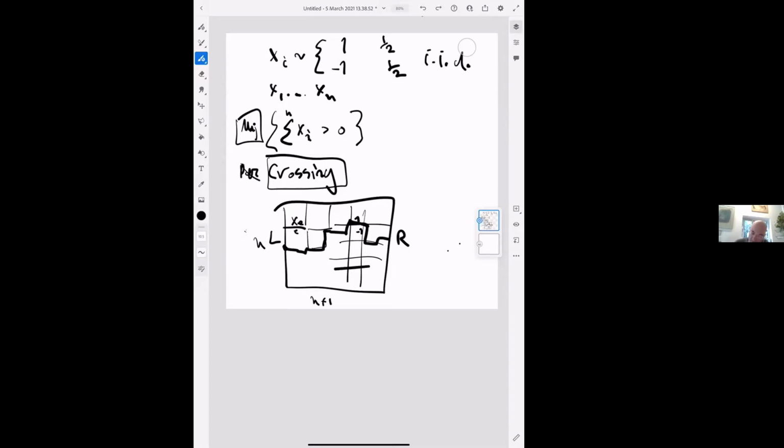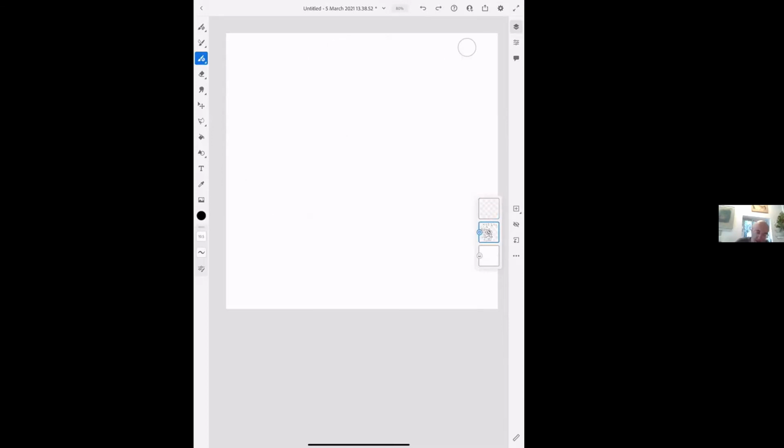Now, my question to you: I have crossing, and I have majority. Crossing on a square root n by square root n grid, and majority on n bits. Now, instead of giving you the sample, I'm noising the sample.